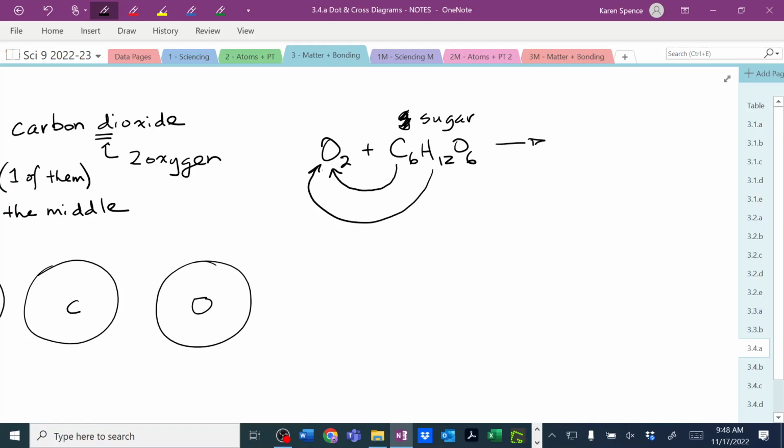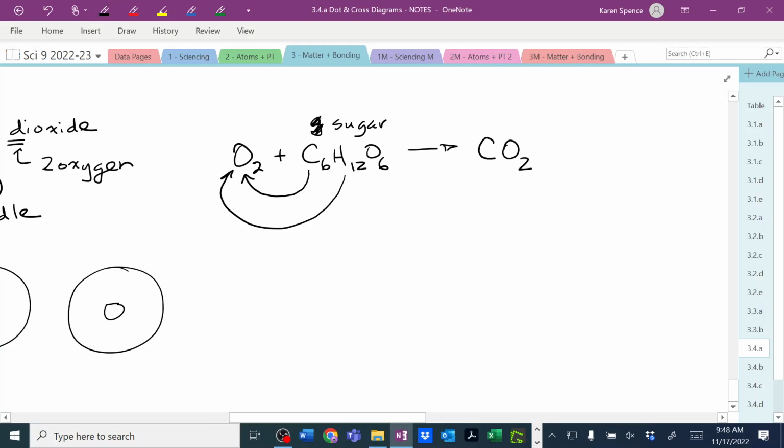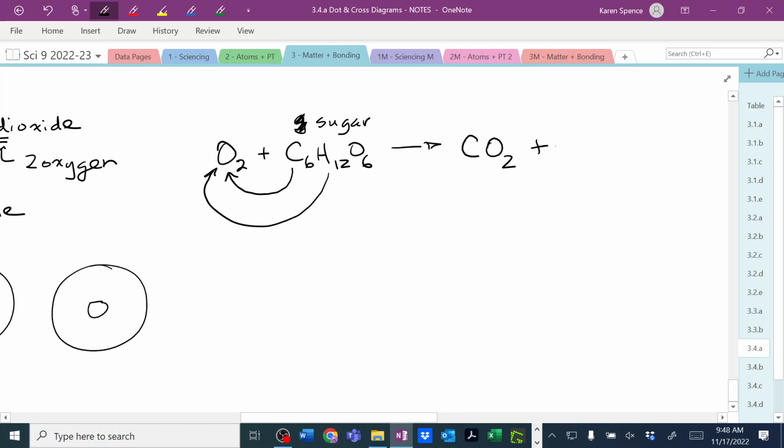You remember how in chemical reactions the particles switch partners? The carbon gets together with oxygen and forms CO2. The hydrogen gets together with oxygen and forms, can you guess what? What do we get when we put hydrogen and oxygen together? We get water, H2O.